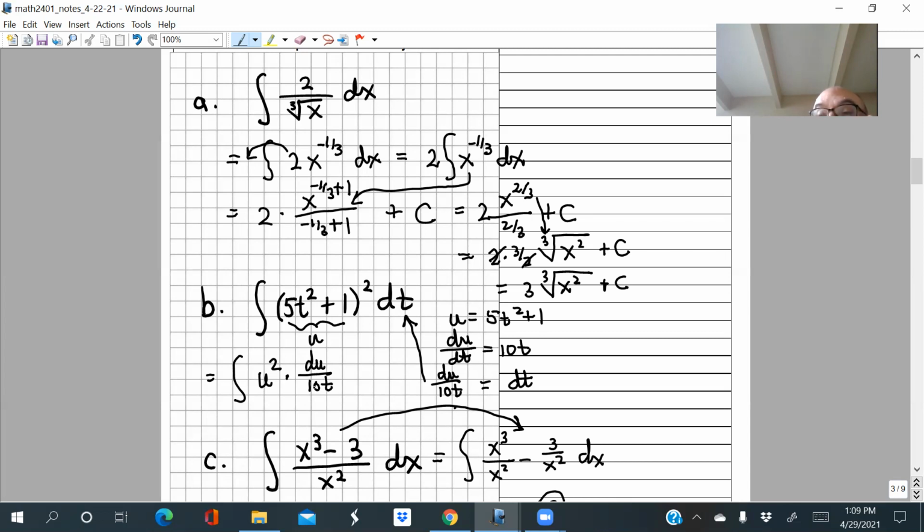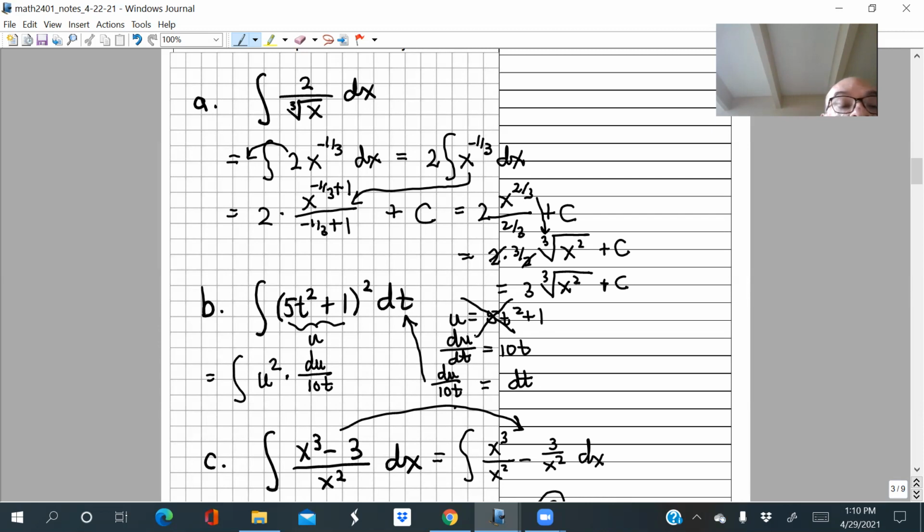So I get stuck here because I've got these two variables, u and t, and I need just one variable, and there's nothing to cancel the t. So the moral of the story here is that this substitution just didn't work. Sometimes integration by substitution is not the right strategy. So here's a case where it falls apart.